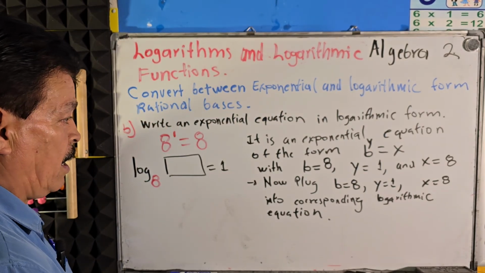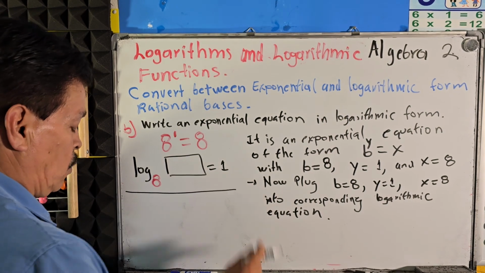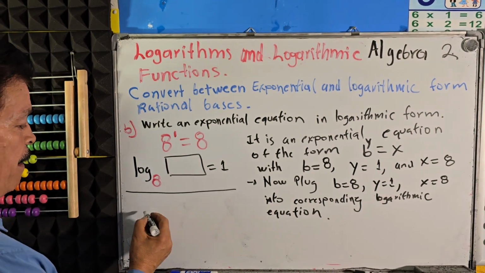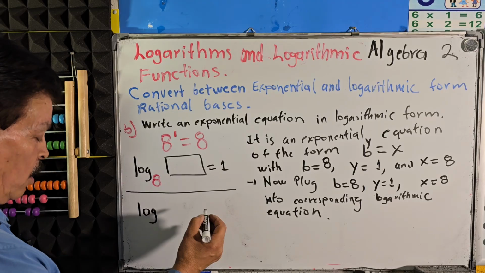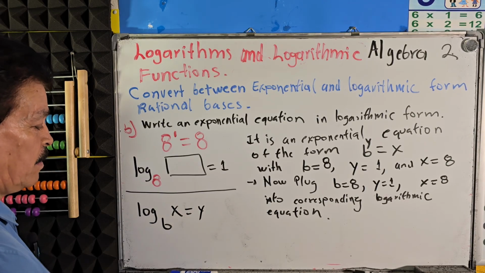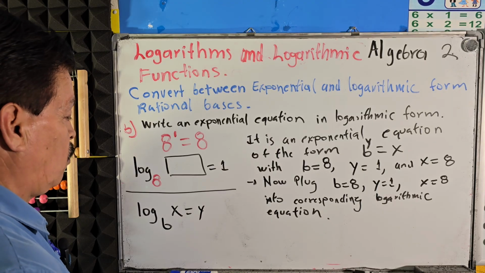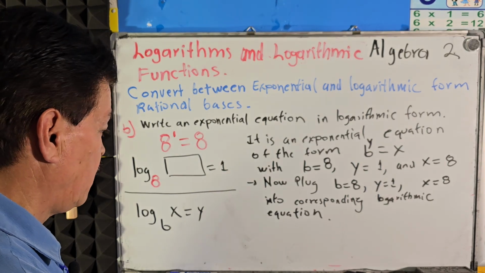Okay, so let's do it on this side. We have now the logarithm of x equals y with the base b. So that's the base. Substitute all values here.